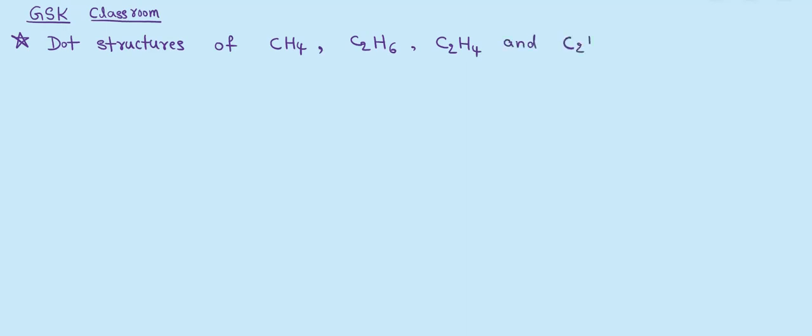Okay, here today we are going to study the dot structures of CH4 methane, C2H6 ethane, C2H4 ethene, and C2H2 ethyne.